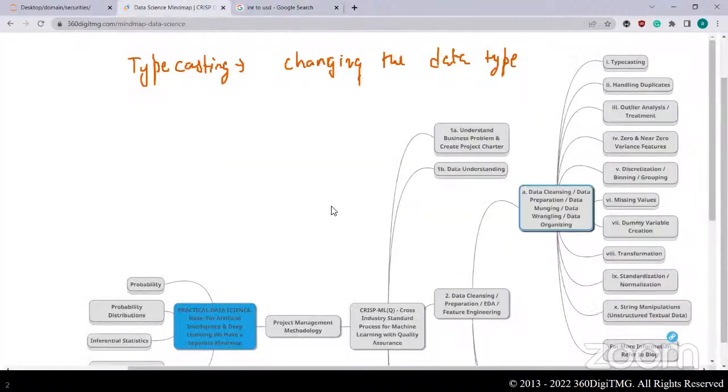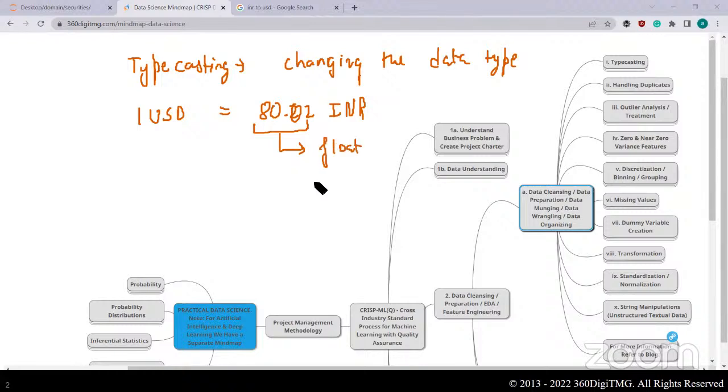So 1 USD equals 80.02 INR. This 80.02 value is a float value. In Python, we call this float.